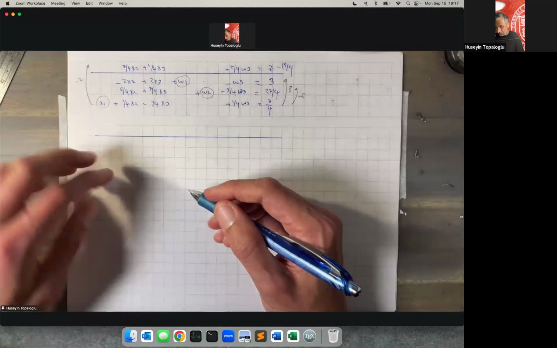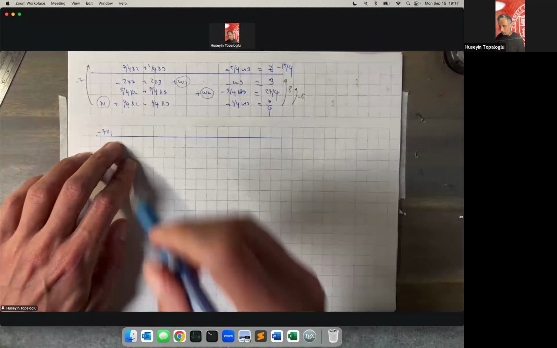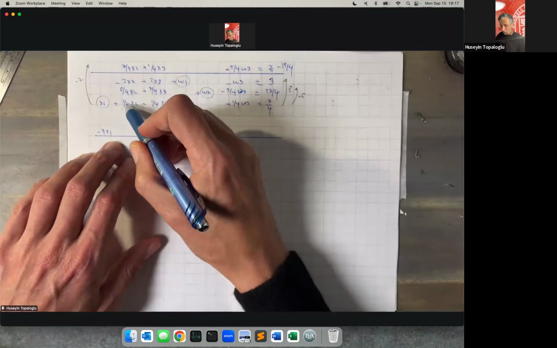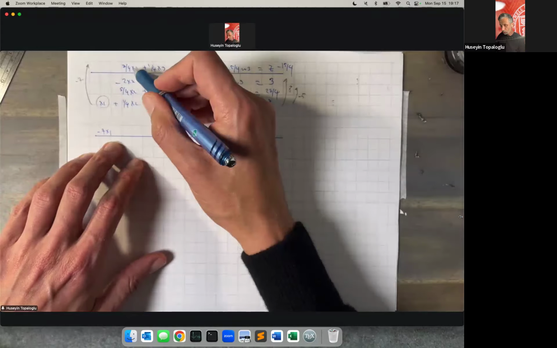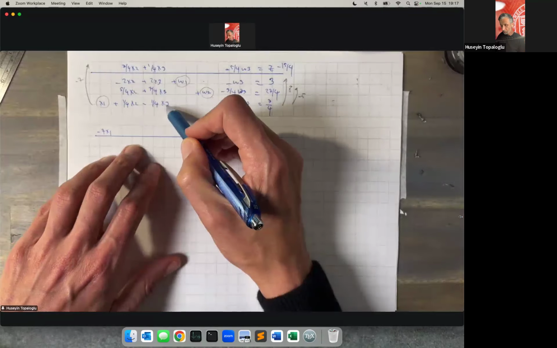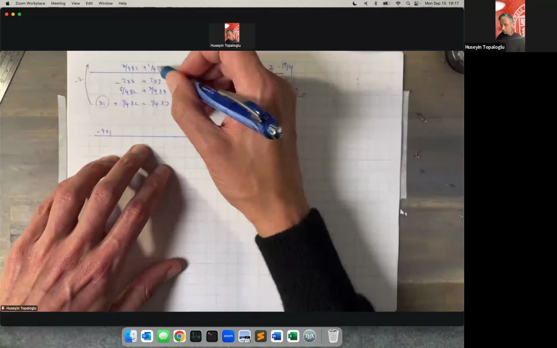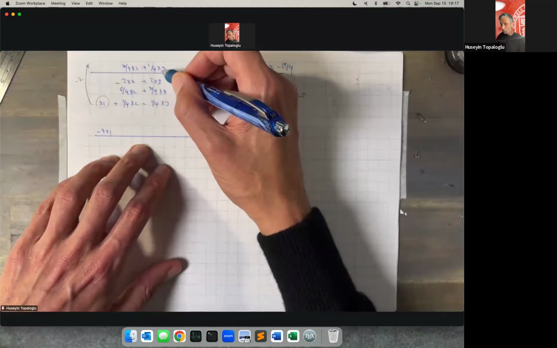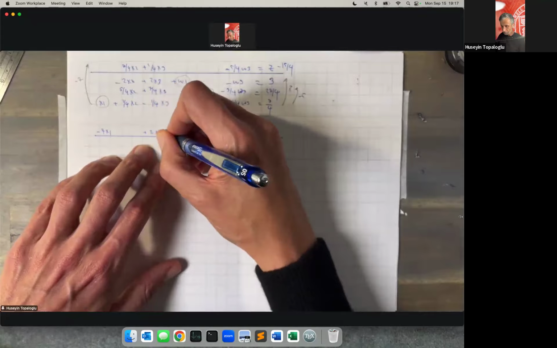x1 times -7, -7x1 plus 0x1, -7x1. 1 over 4 x2 times -7, -7 over 4 x2 plus 7 over 4 x2, x2 goes away. -1 over 4 x3 times -7 plus 7 over 4 x3 plus another 1 over 4 x3, 1 over 4 plus 7 over 4, 8 over 4, that is a 2x3.